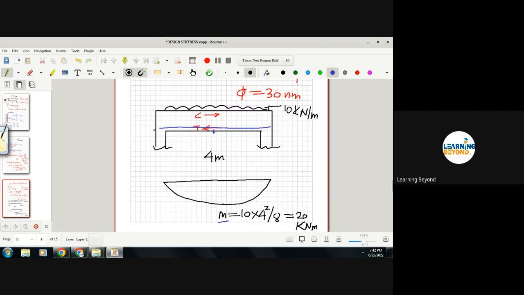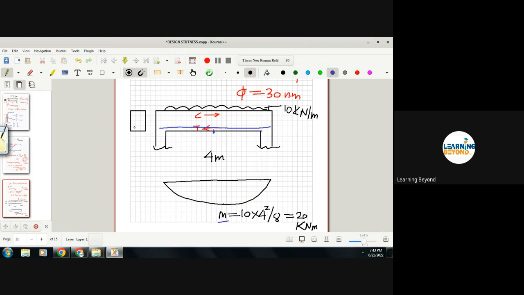We can calculate by sigma equals M by Z. First we will find out the sigma and then we can use M by Z. Okay, but I'm expecting a still simpler method.